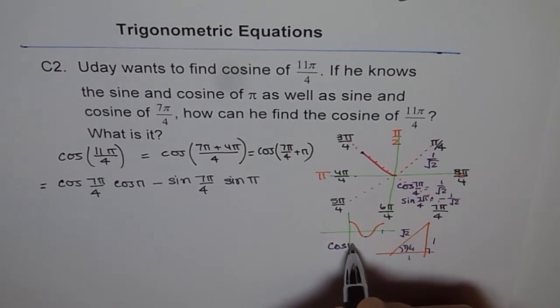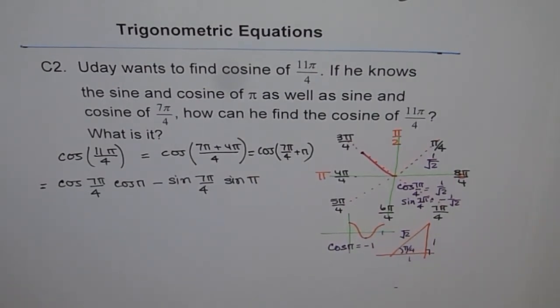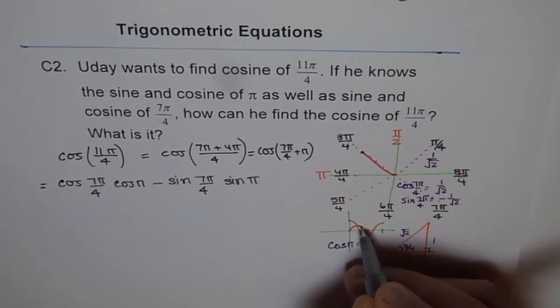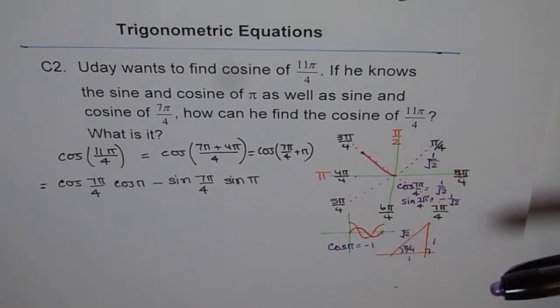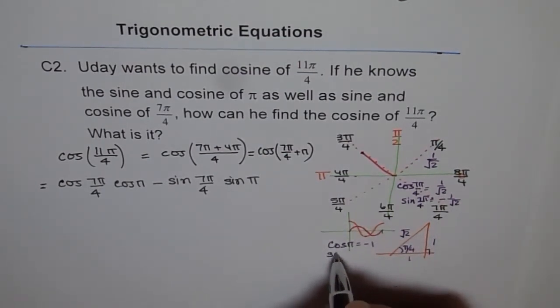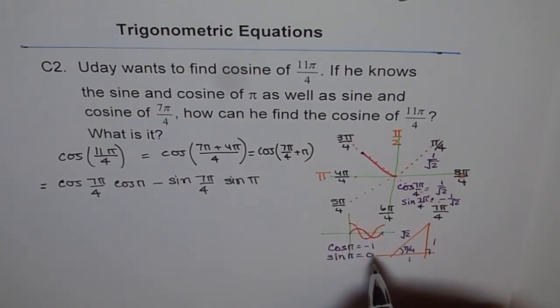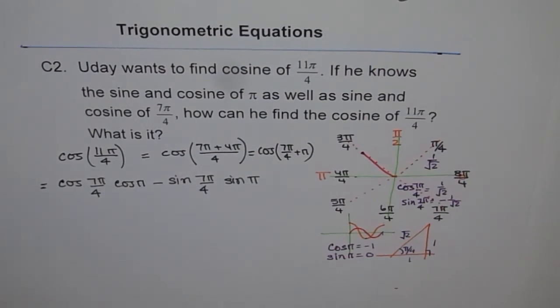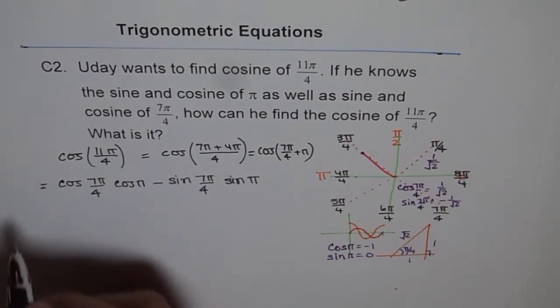How about sine of pi? When you draw a graph of sine, it comes like this, so sine of pi is actually equal to 0. So these are the values known to us. We can plug in these values here and get our answer. Do you see that? So we'll do that.